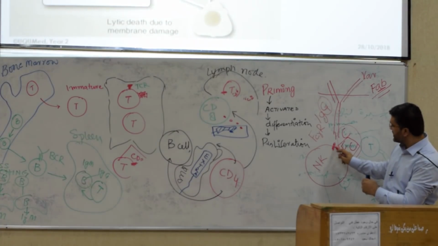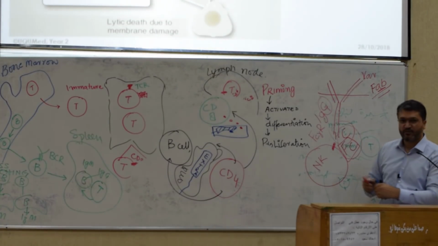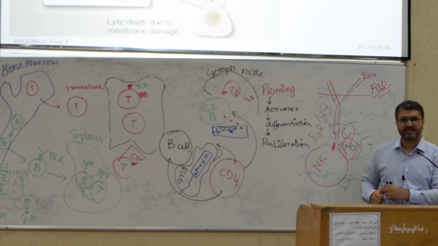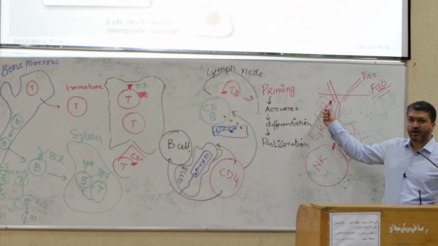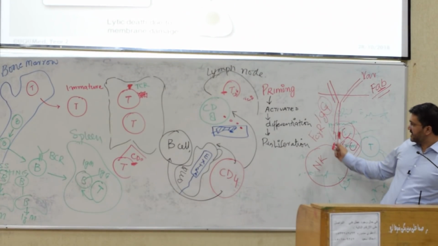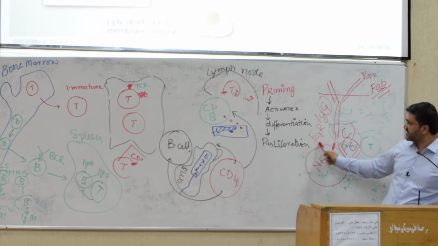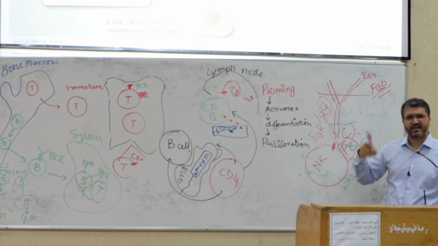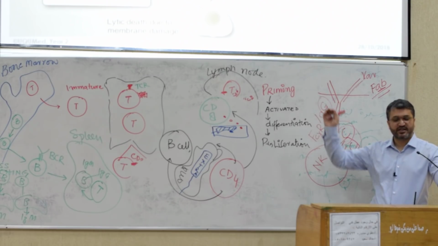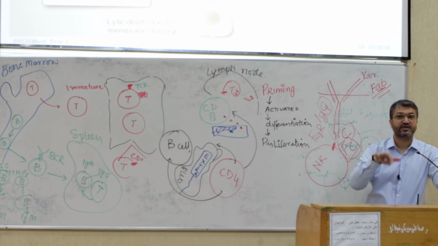So it is the receptor for the Fc portion of the immunoglobulin. Does it make sense? This is immunoglobulin G and this portion is the Fc portion, so naturally the receptor that will recognize it is called Fc gamma R. It can be 1, 2, 3, there are different types. So Fc receptors are present on natural killer cell.